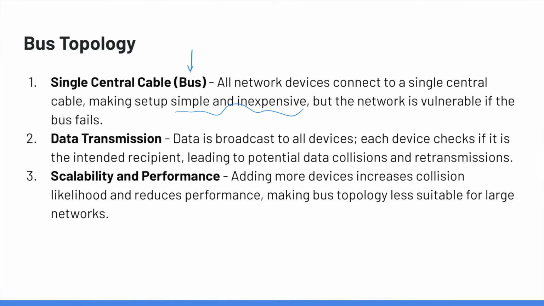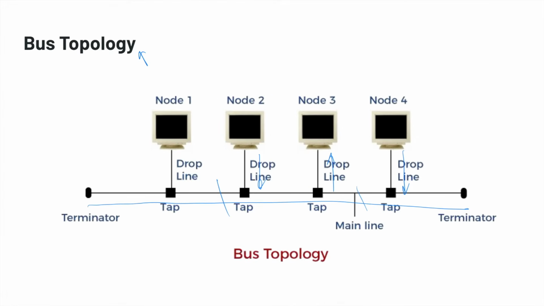Now, the way that bus topology works is data is broadcast to all devices. So each device checks if it is the intended recipient, leading to potential data collisions or retransmissions. I talked about how communication works, but not really in depth. Basically, when data is broadcast to the bus, it's sent to every single node, and then the node decides whether it's going to accept it or not.